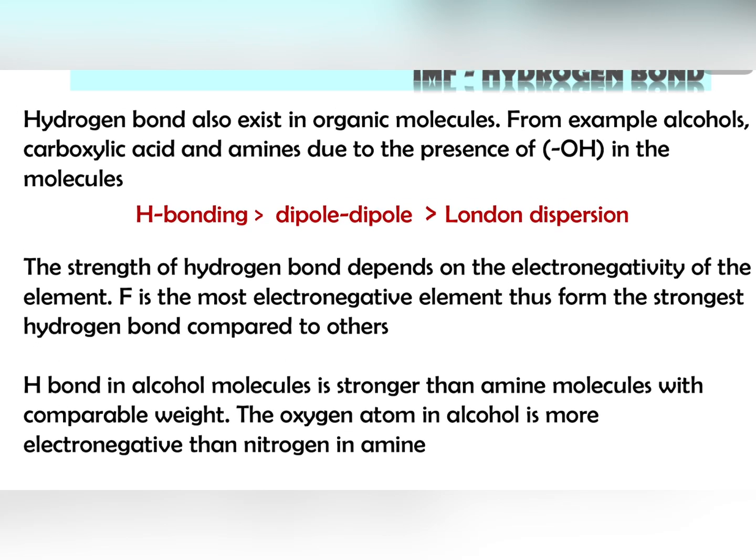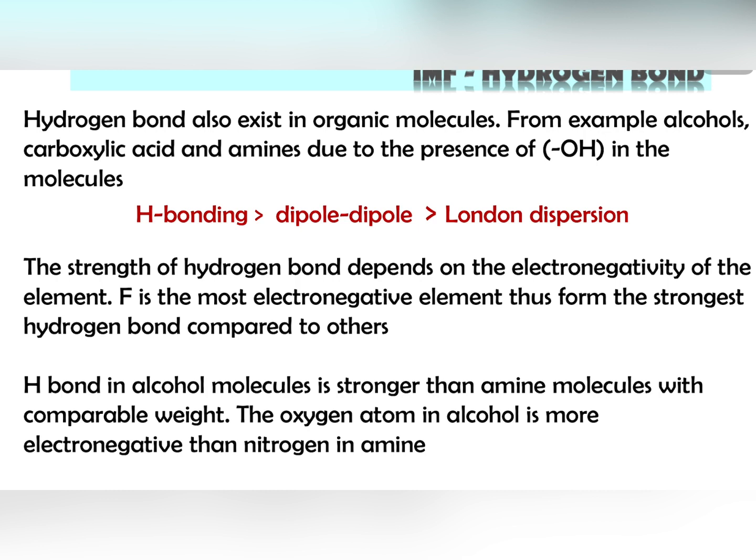Right, so hydrogen bond in alcohol molecule is stronger than amine with comparable weight, maksudnya with almost similar weight lah. Macam yang tadi kita discuss, maksudnya dia punya perbezaan weight tak terlalu banyak. And the oxygen atom in alcohol is more electronegative compared to nitrogen.